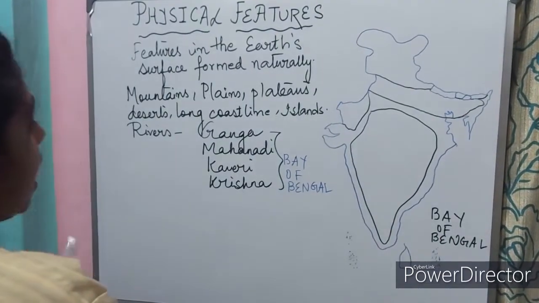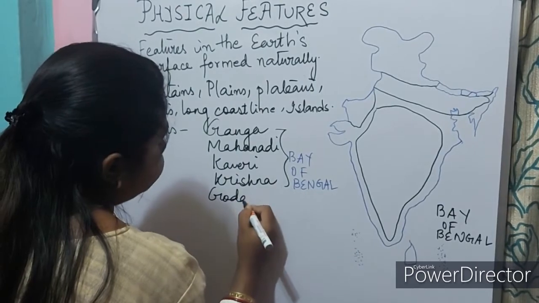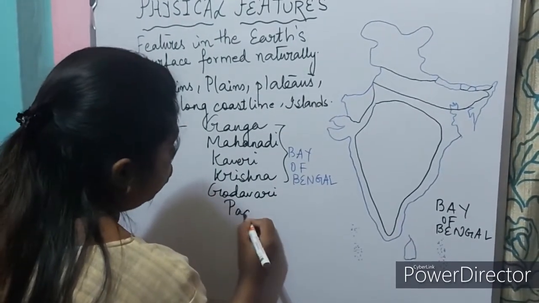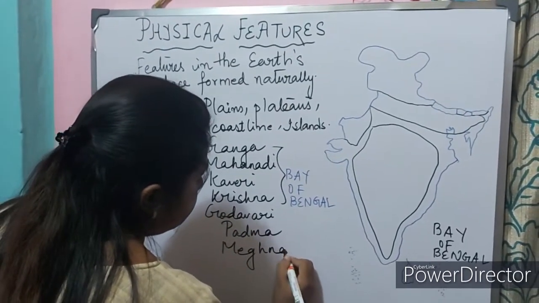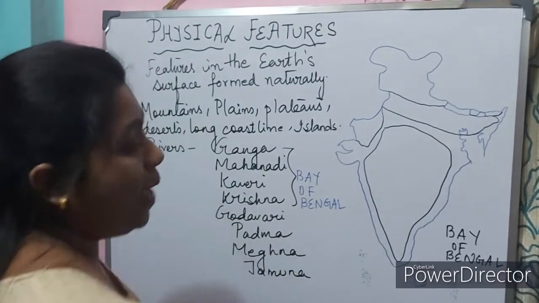Not only these, Godavari and three Bangladeshi rivers, Padma, Meghna, Jamuna, all drain into the Bay of Bengal.